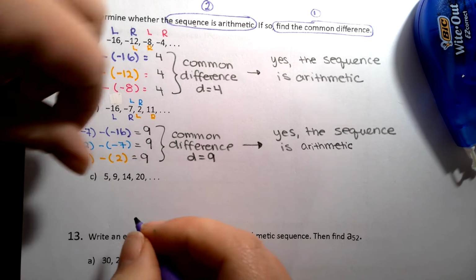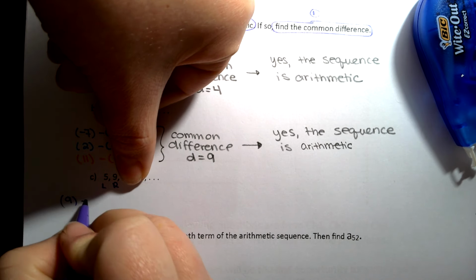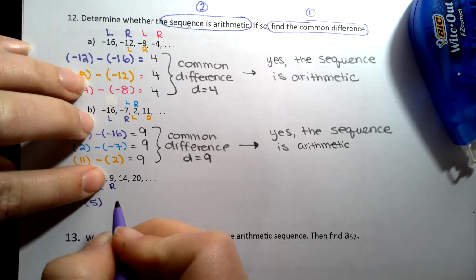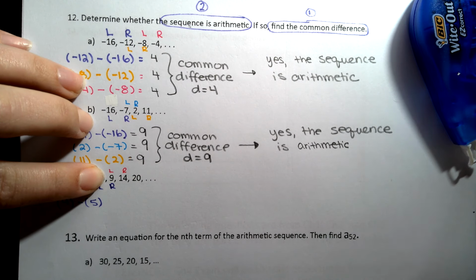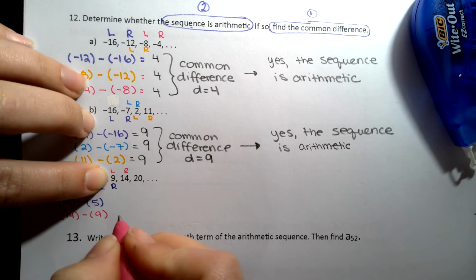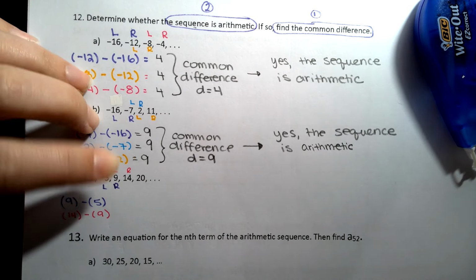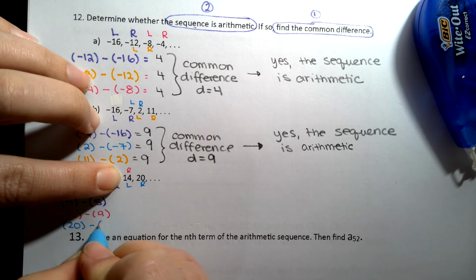All right, let's go again. Right minus left. So pick up your two numbers. Here's your right, here's your left. We got 9 minus 5. Shift one over. Here's a right, here's a left. So we get 14 minus 9. Shift one finger over. And then we got our right and our left. So we got 20 minus 14.